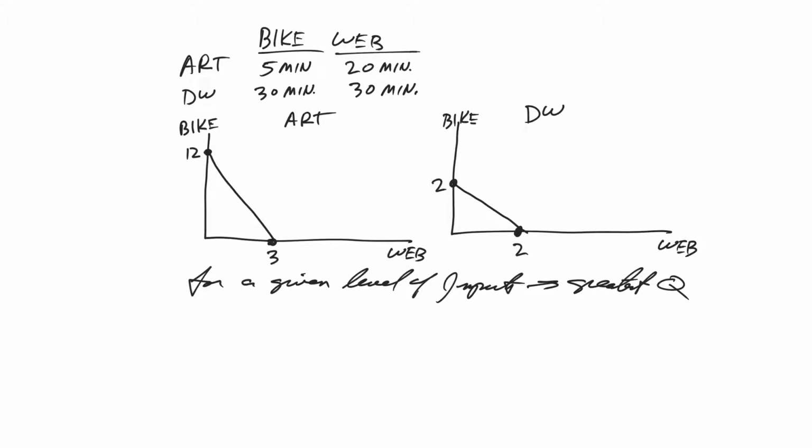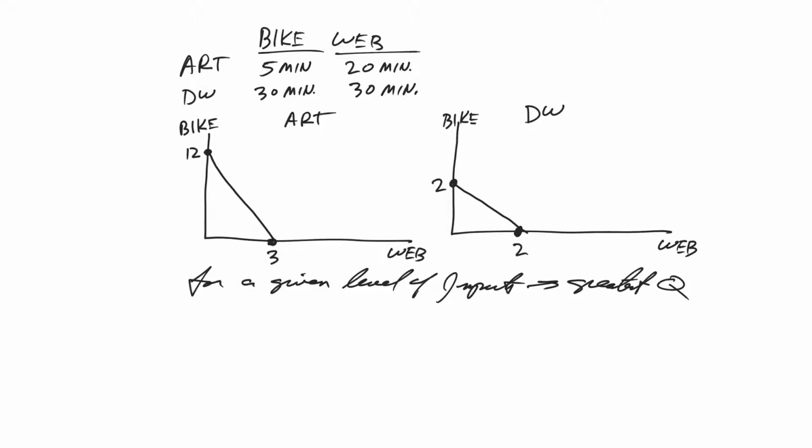So in that hour of labor, who can produce the most bike repairs? Well, Arthur here produces 12, DW produces 2. So it looks like Arthur has the absolute advantage in bike repair. How about web page production?